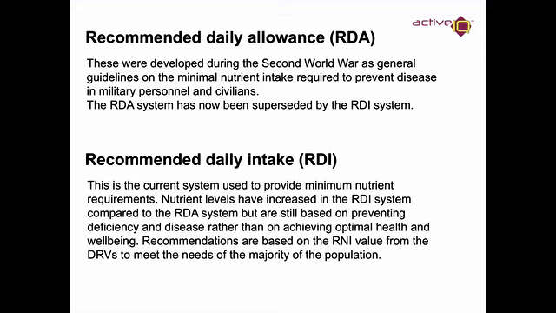Essentially the recommended daily allowance is something that came out in the Second World War to give people guidelines on minimal nutrient intake that they needed so they didn't get sick during the war, basically. So you need to have so much of this so that you're not going to get sick. That's what RDA was all about.